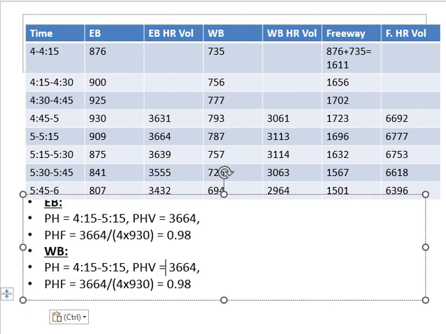Okay, westbound, peak hour. Which one is the peak hour? 4:30 to 5:30.